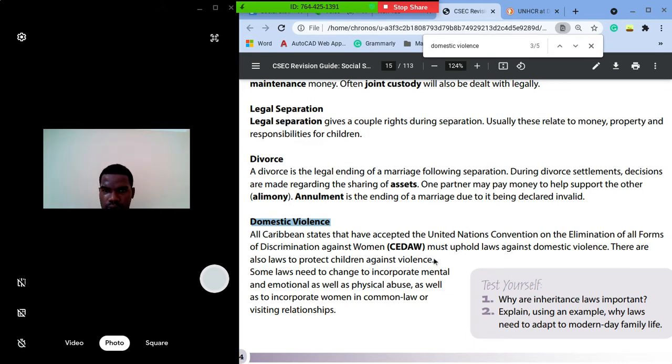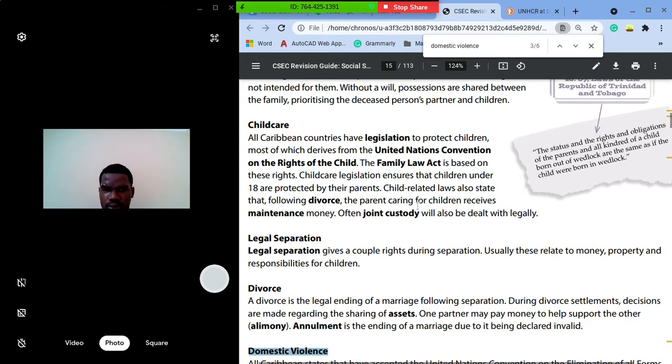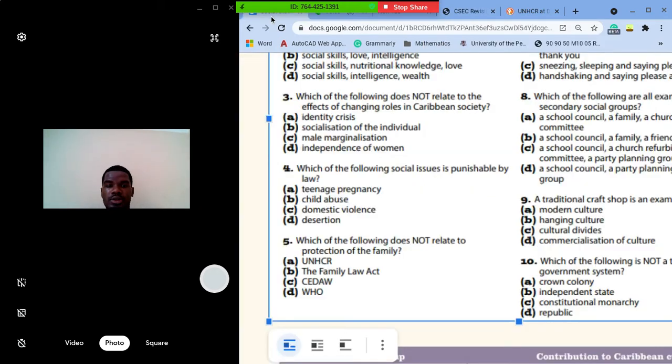Here we go. So the Family Law Act is based on the rights of child care. You must legally protect your child in terms of taking care of them until the age of 18. So that's what the Family Law Act is all about. So they are provisions for the protection of the family.